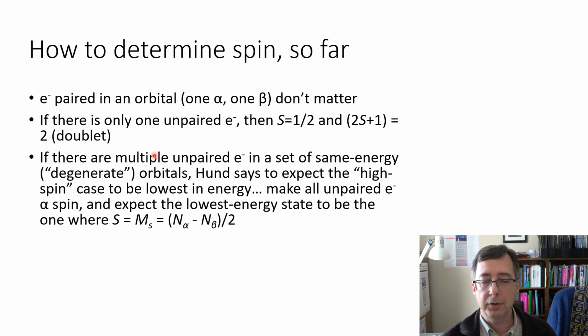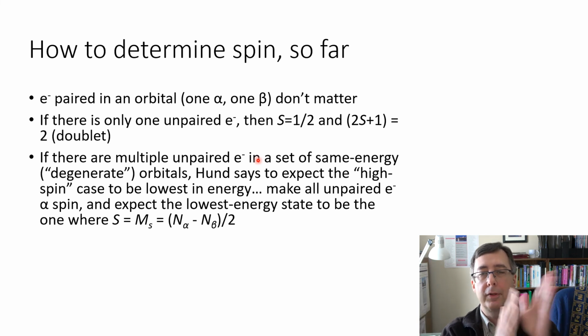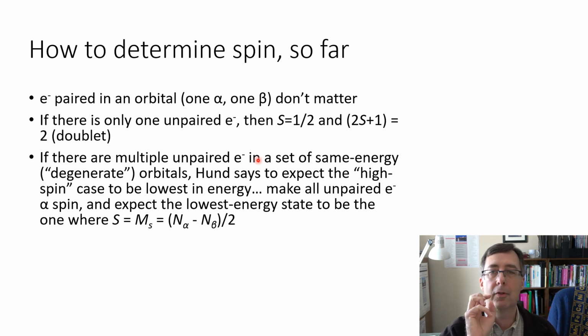If there are multiple unpaired electrons in the same energy orbitals, degenerate orbitals, Hund says expect the high spin case. Don't pair them up until you have to. And we would expect that however many unpaired electrons there are, all are alpha spins pointing up, and they couple together to give me a net S. That's the sum of all the 1/2s from each of those unpaired electrons when they add together.